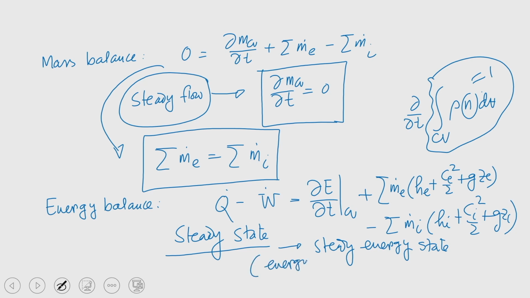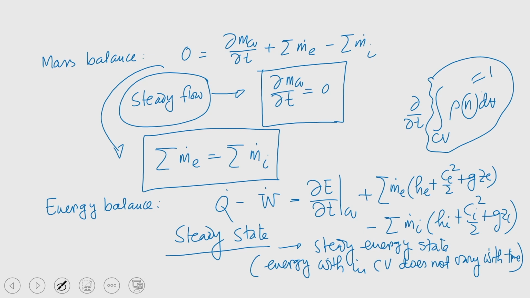Energy within the CV does not vary with time. If energy within the control volume is not varying with time, we can make this term equal to 0.